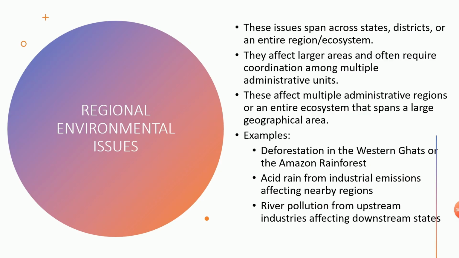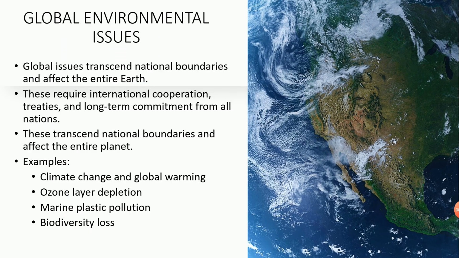Then the whole downstream flow of the river, the regions associated with the downstream, all get affected because of that. So here the river basin itself is considered as a region. So these are the regional environmental issues.